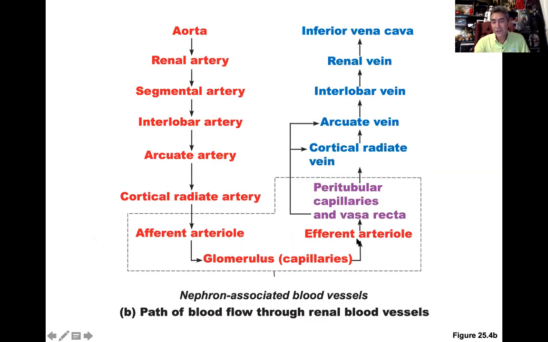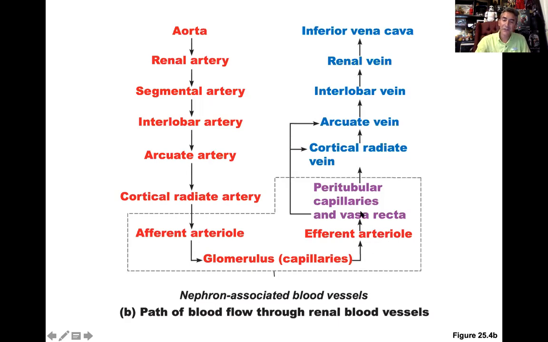And we go now to efferent arterioles. So the capillaries of the glomerulus are both fed and drained by the arterial system, right? The arterial, oxygenated blood going away from the heart. So we're still going away from the heart, still going away from the heart.